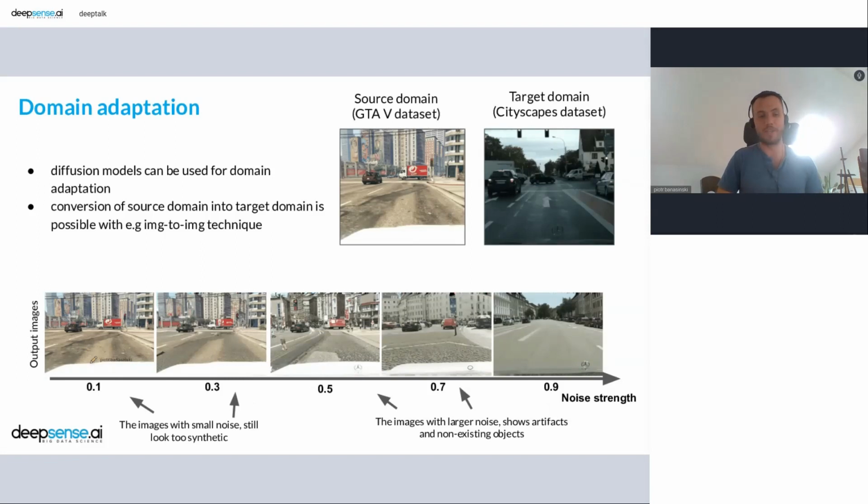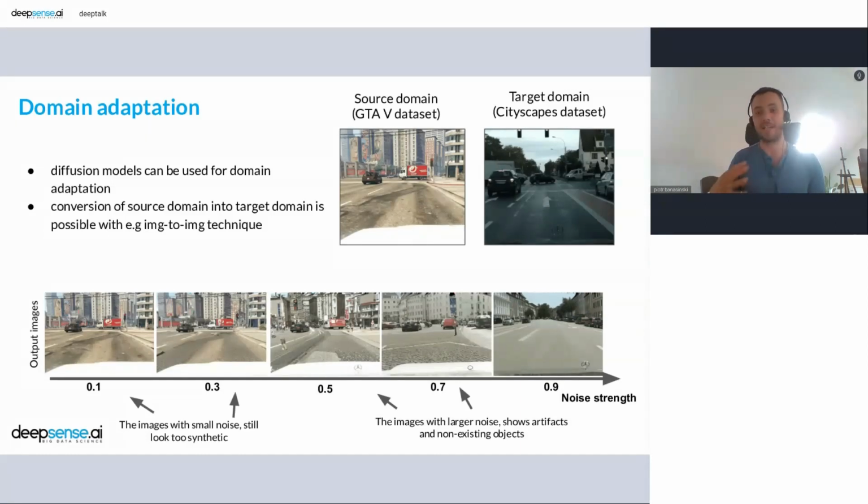As you can see, if we add very soft noise, the image almost doesn't change. But if we add more and more noise during the diffusion process, then we see that some non-existing objects appear in the image, and if we add almost full noise, then the image will be completely different from the original one.